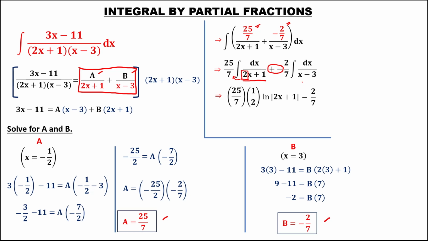Then observe on this term, since there is no number on the first term, just put ln of x minus 3, plus C. Then to simplify, multiply. So this becomes 25 over 14 ln of the absolute value of 2x plus 1, minus 3 over 7 ln of the absolute value of x minus 3, plus C.